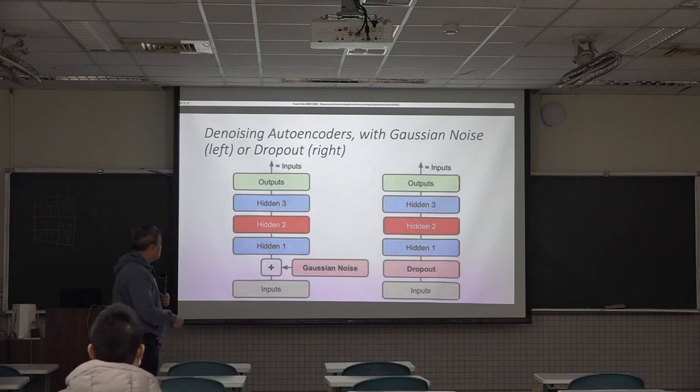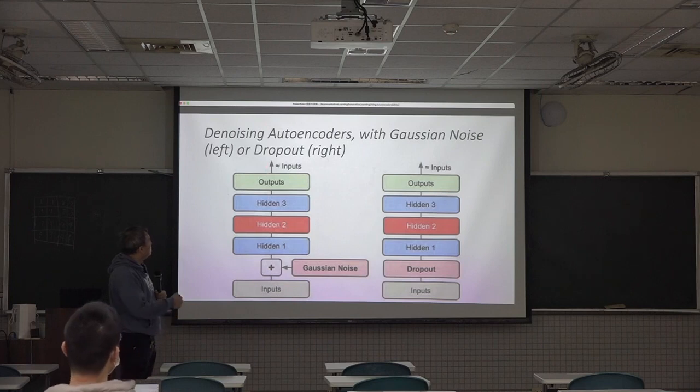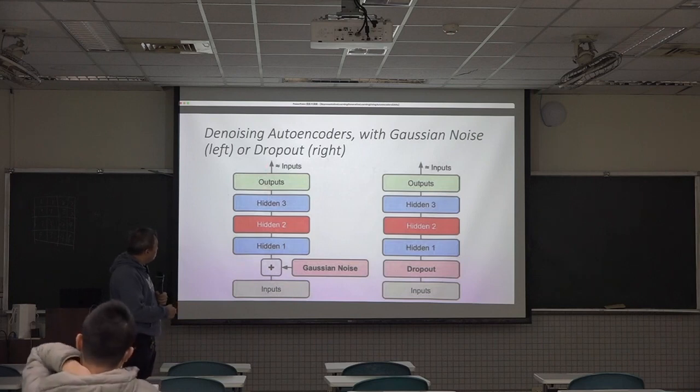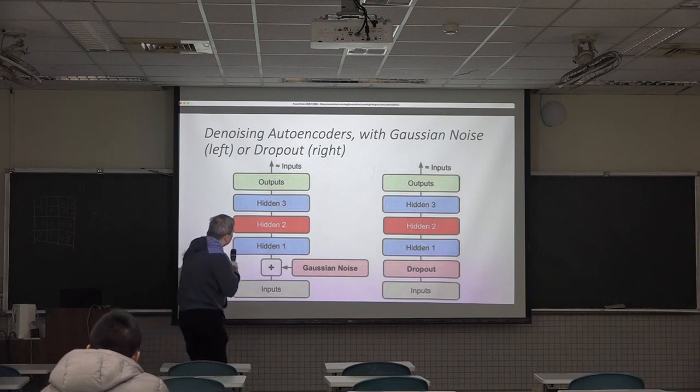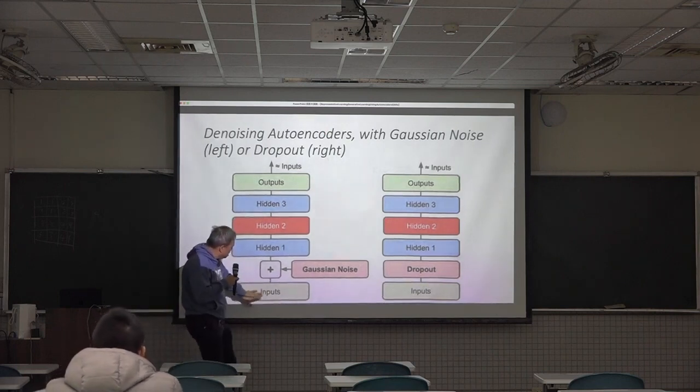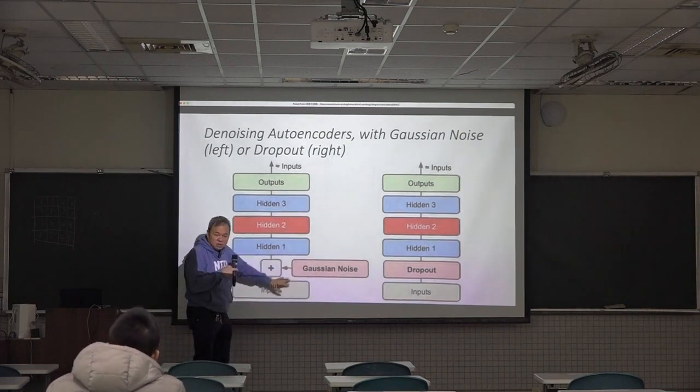This is your input, and you go through this autoencoder, and you train it so that it can reconstruct the input, as close as possible to the version without the Gaussian noise.